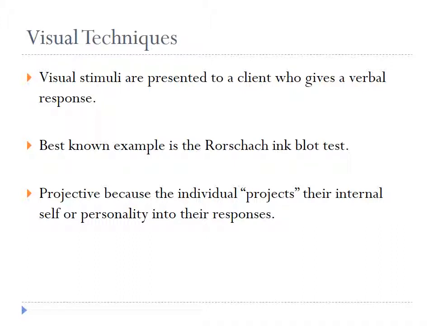Another type of approach are visual techniques. Visual techniques are presented to a client and a verbal response is given. So the client looks at an image but provides verbal, language-based responses. Perhaps the best known example of the visual technique is the Rorschach Inkblot test.